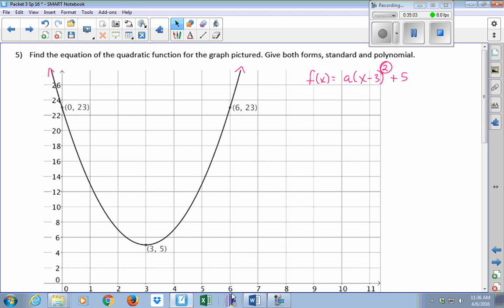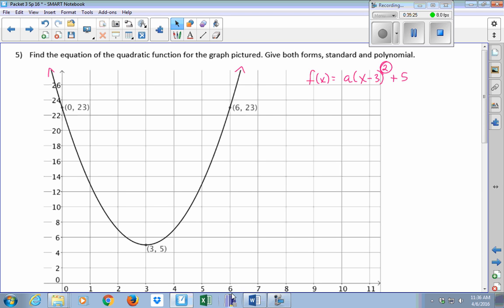Just like when you are trying to find the equation for a straight line and someone tells you the slope, you only got one number left to fill in. So you take a point that lies on the line and plug it in. Here we have everything solved in this function except for the value of a.